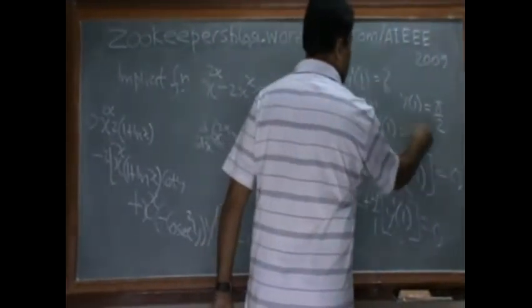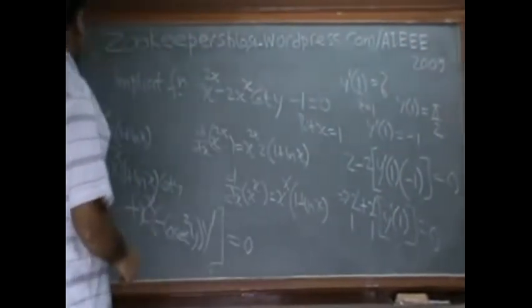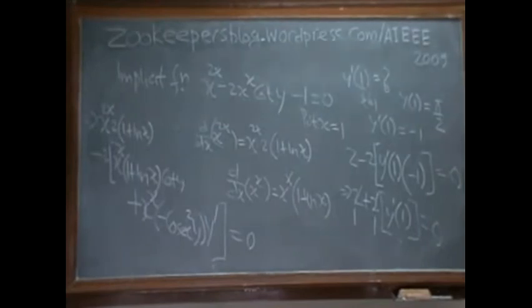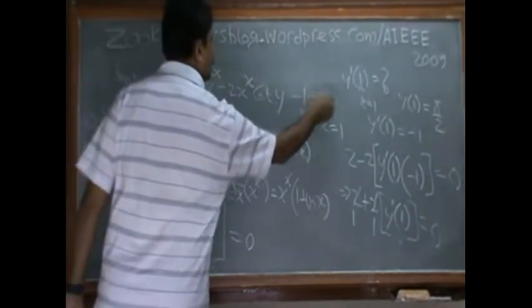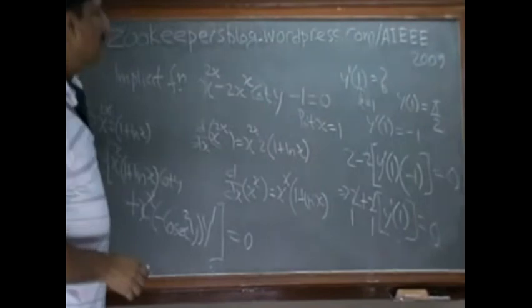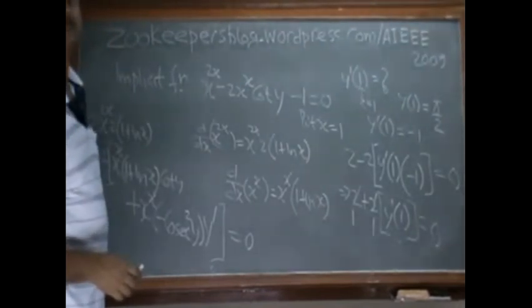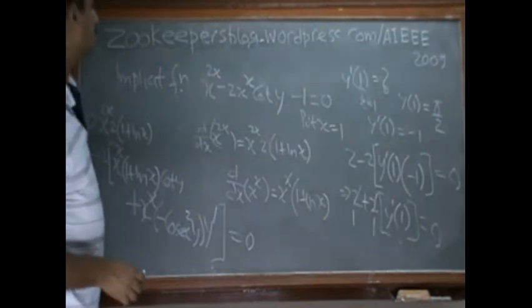But we can do it without using log. Without using log, we can do it. Take minus 1 to that side and take x to the power x common. So if you take minus 1 on this side, then you get 1. Then take x to the power x as common. That will be x to the power x into x to the power x minus 2 cot y.